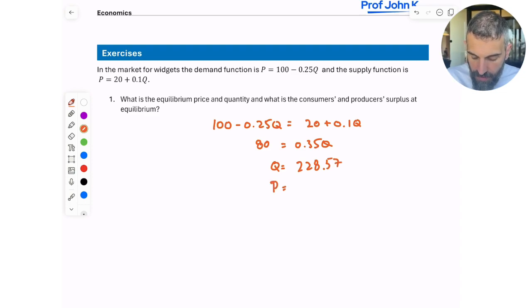And then price, if I plug that back into one of them, let's say I plug it into supply here. Again, I'm rounding to 2 decimal places. Feel free to use more. Price ends up being 42.86. Okay, so that's your equilibrium price and quantity.